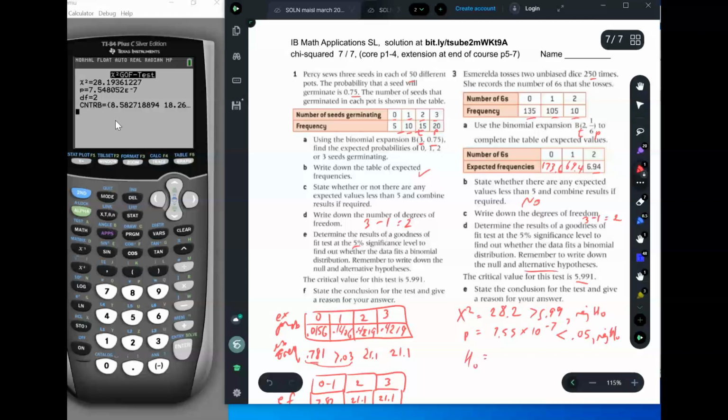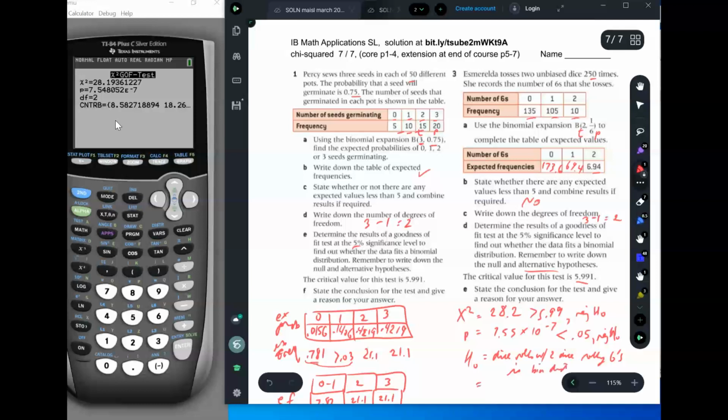The null hypothesis is that dice rolls with 2 unbiased dice rolling 6s is binomially distributed.